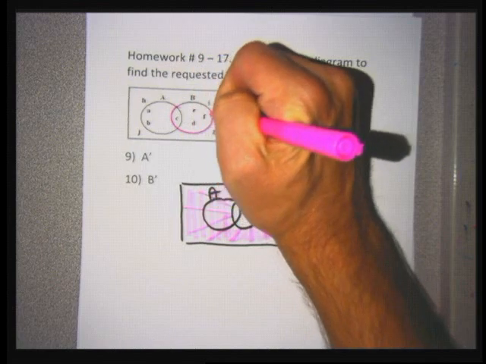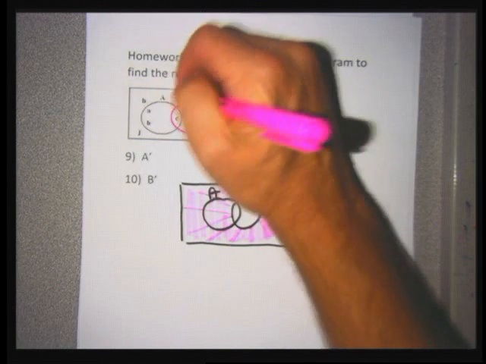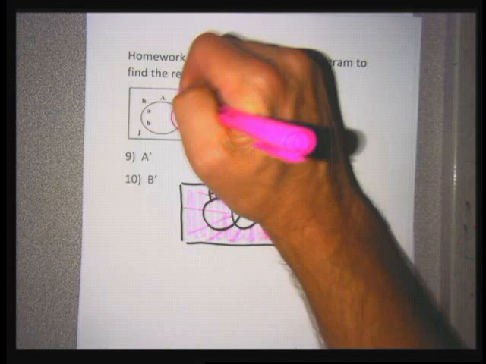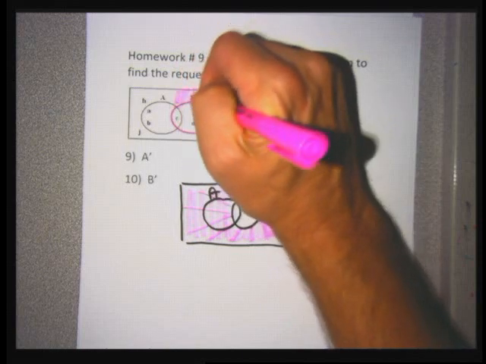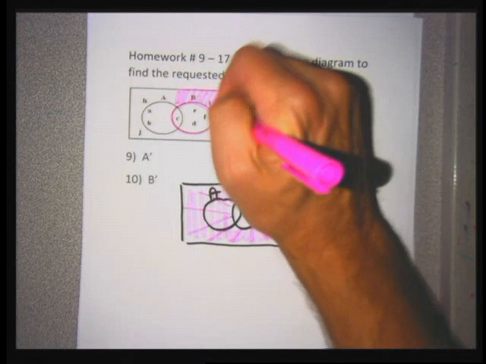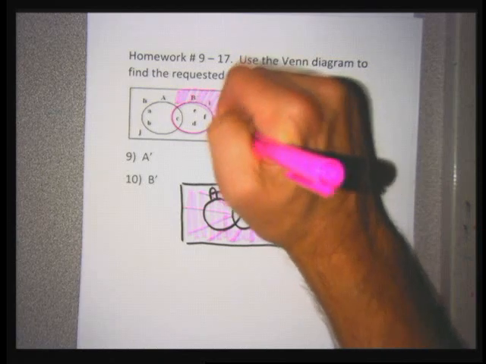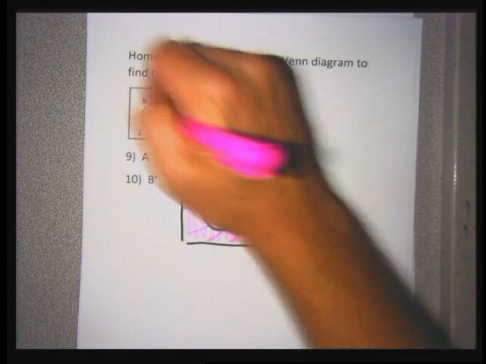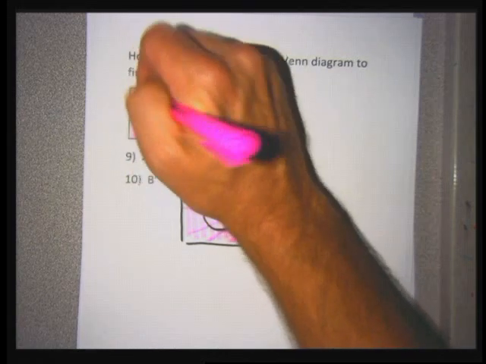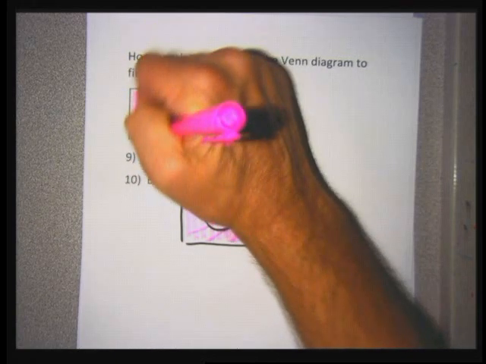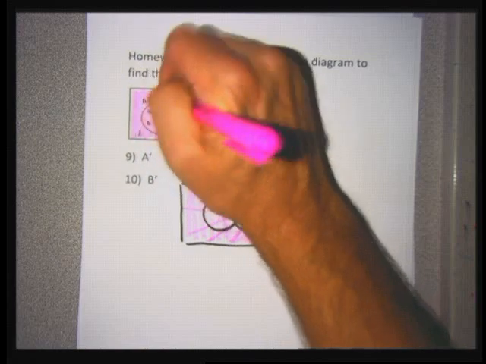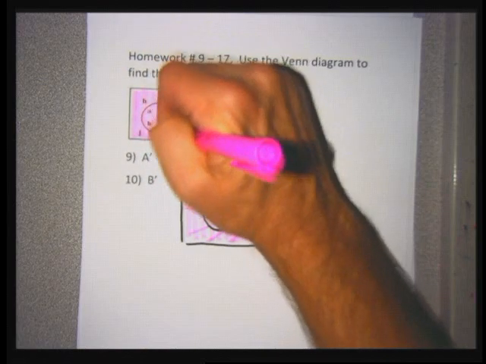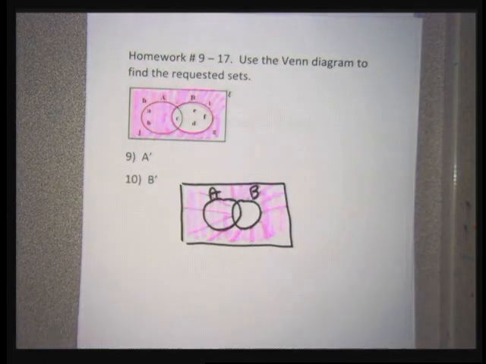What you're going to apply is the shading for B prime to yours. B prime, again, is anything that's not inside the B circle. So I'm shading B prime on the given diagram. There's a picture of B prime. Anything shaded right now is going to be part of my answer.